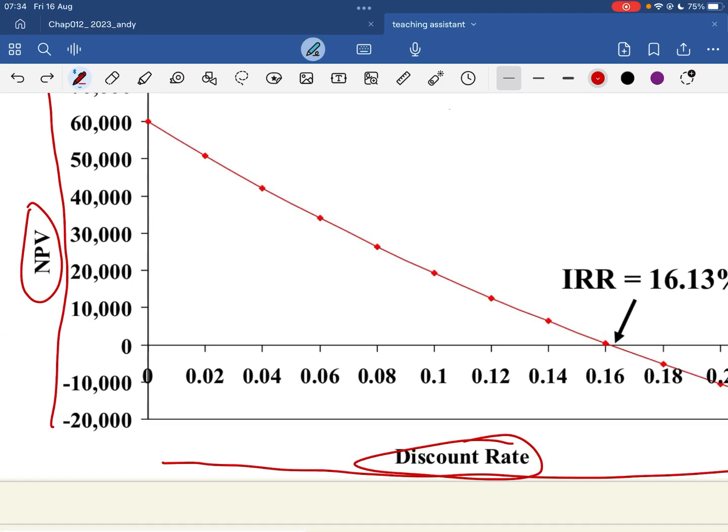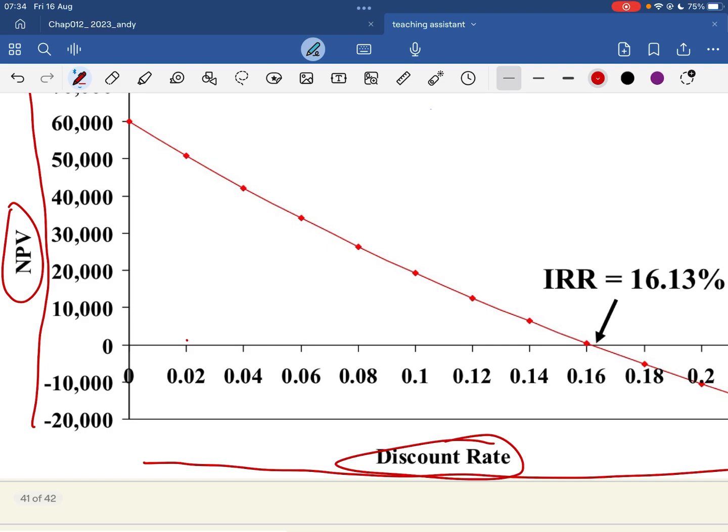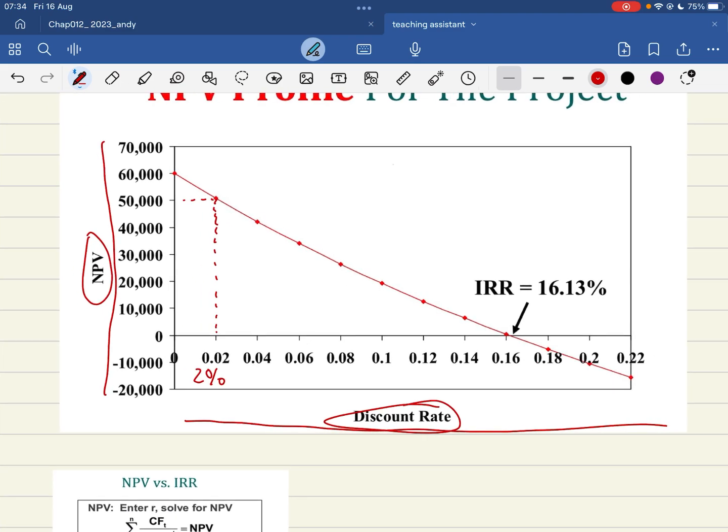For example, if we have a discount rate of 0.02, which is 2%, the corresponding NPV will be $50,000. And respectively, if the discount rate is 4%, we'll have a 40,000 NPV. Up until here, we have 10,000 NPV, and the corresponding discount rate will be 14%.